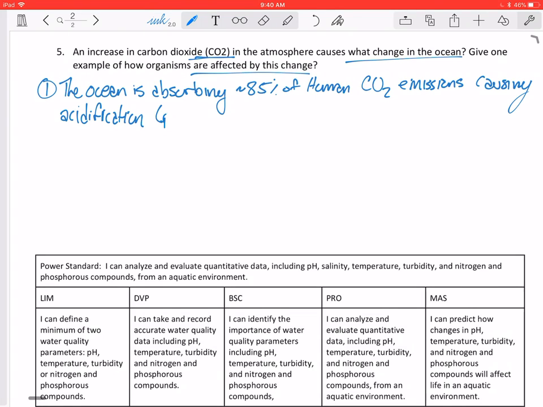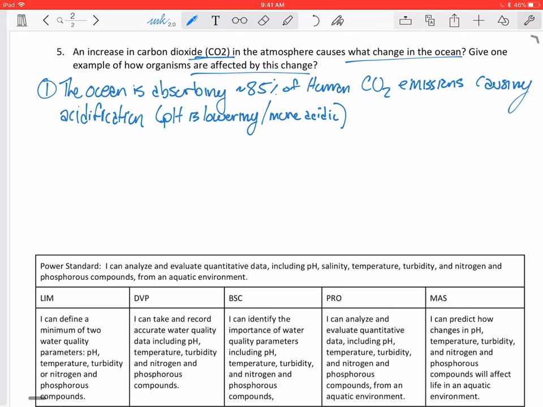Okay, so this pH, right? So our pH is lowering or becoming more acidic. Okay, so the ocean's absorbing up to ultimately 85% of those CO2 emissions, and as it's absorbing those CO2 emissions, this is causing acidification in the oceans, so that pH is becoming lower, it's becoming more acidic.